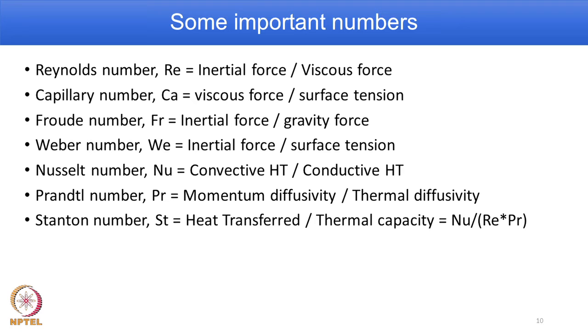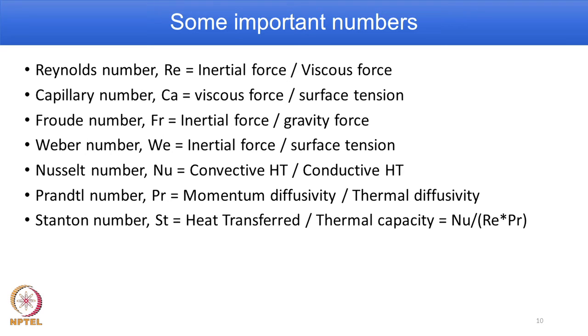The next non-dimensional number is the Weber number, given the symbol We, which is defined as the ratio of inertial force to surface tension force. It basically tells whether inertia or surface tension force is dominating, depending on the value of the number.